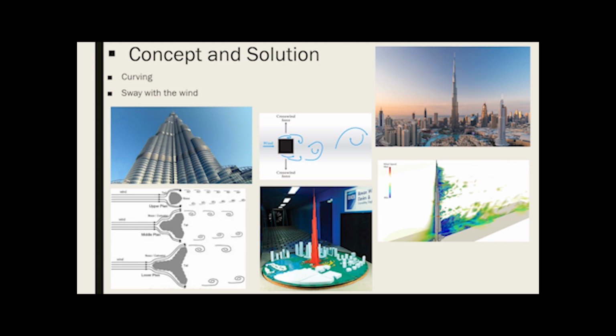Finally, they used a simulation called SimScale, and they see that there is less pressure load at the back of the building, which is a nice thing to see. There's no vortex shedding, and it's just very nice. A nice concept, a nice solution.